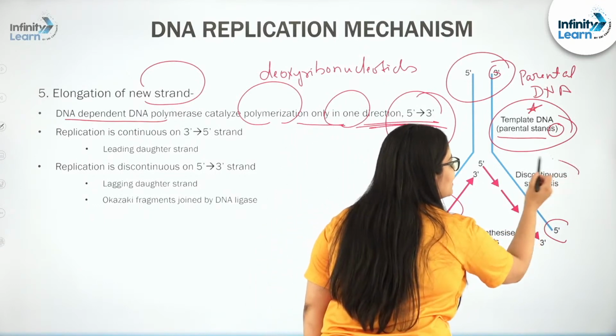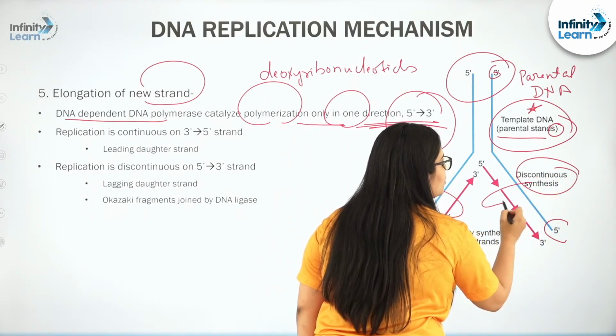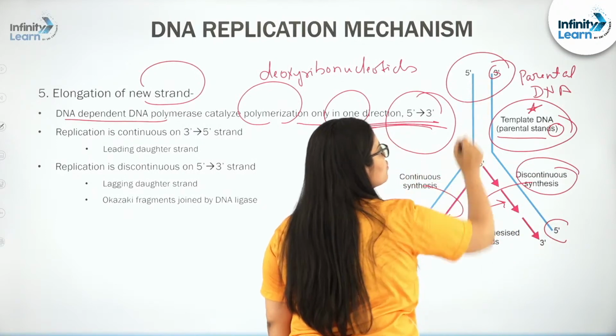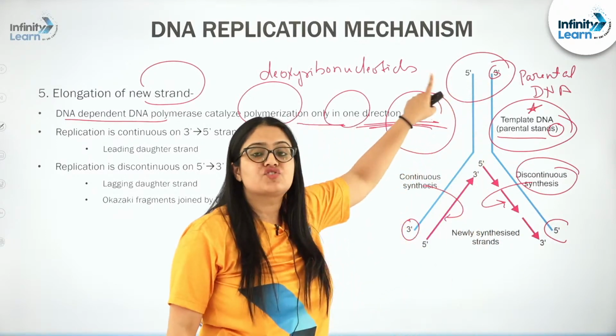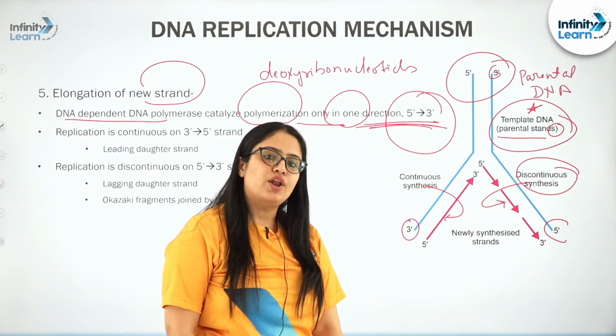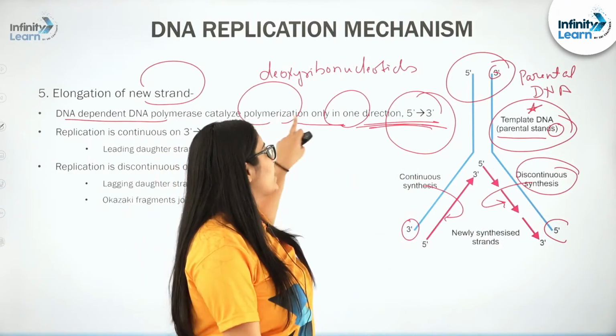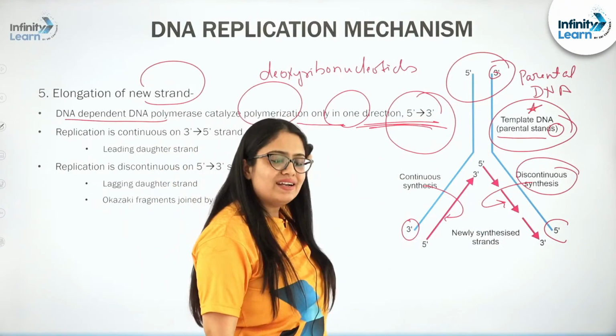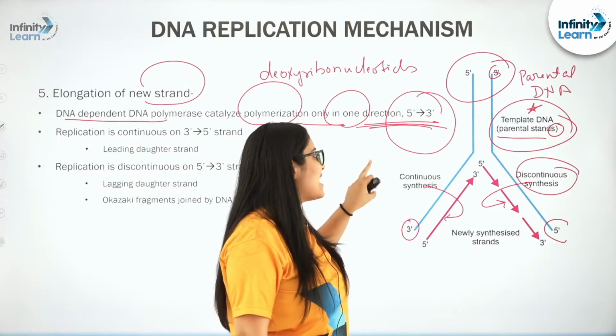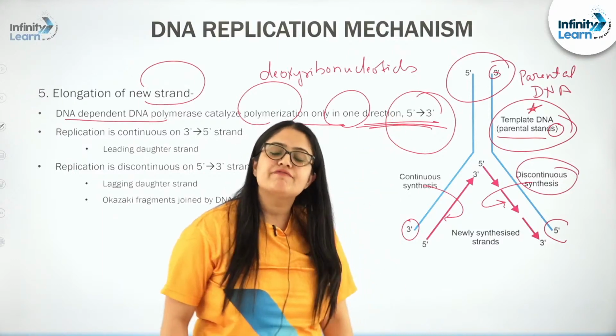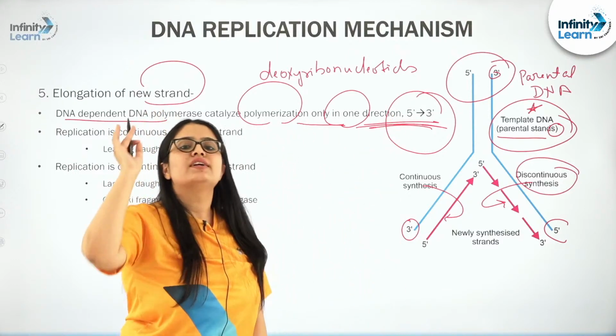So, there will be a discontinuous synthesis of the new strand on the 5' to 3' strand of the parental DNA molecule. And why did this happen? Because DNA dependent DNA polymerase can show its activity only in the 5' to 3' direction.